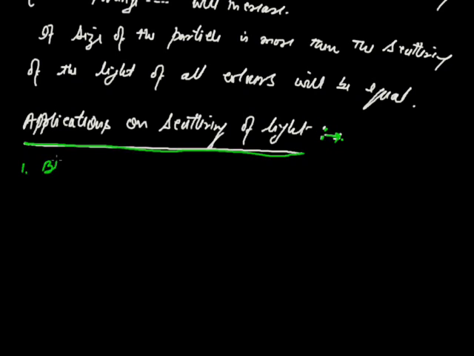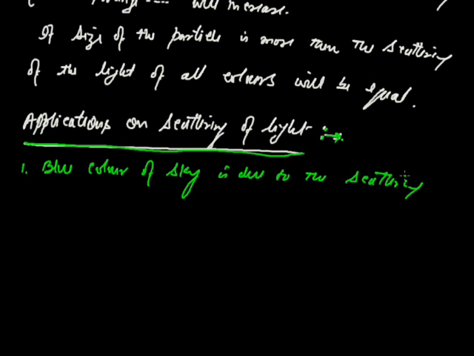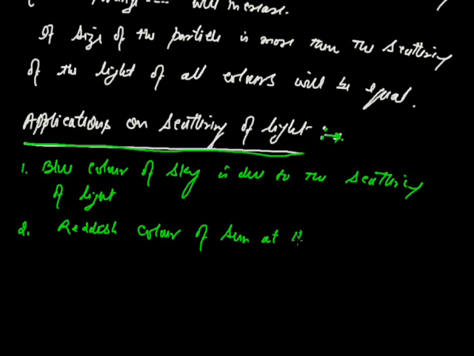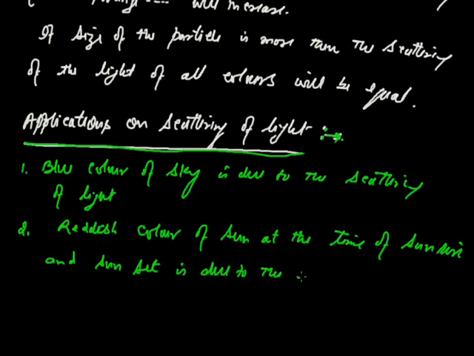The reddish color of the sun at the time of sunrise and sunset is due to the scattering of light by the atmosphere.